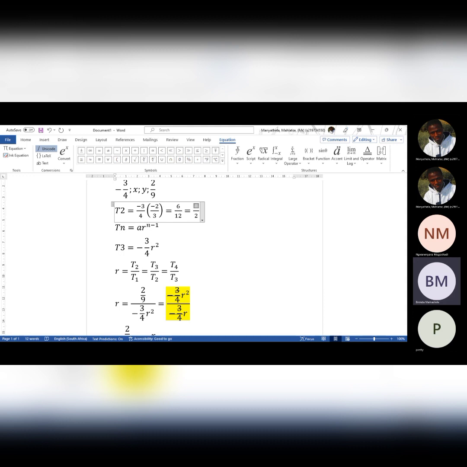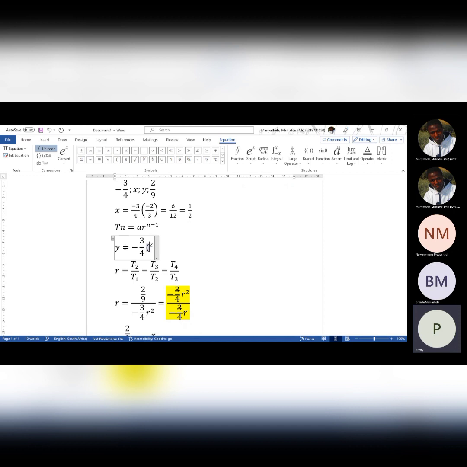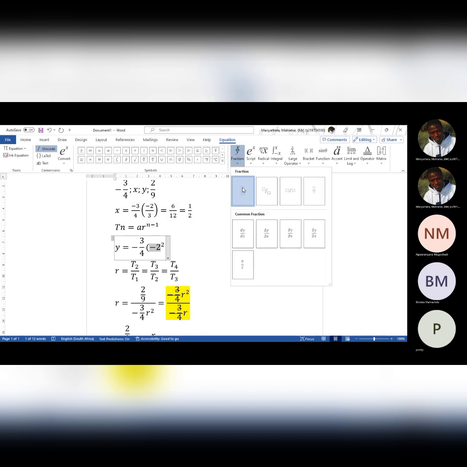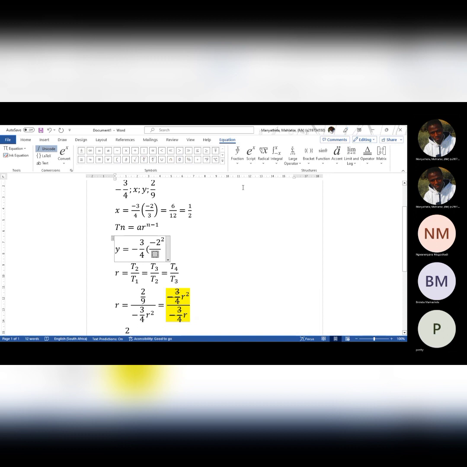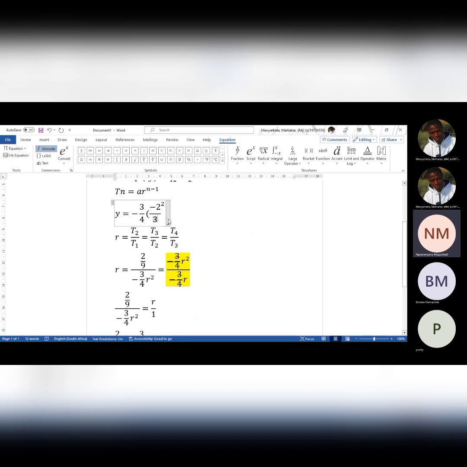Okay, let's continue to the value of y. Replace r with negative 2 over 3 again.